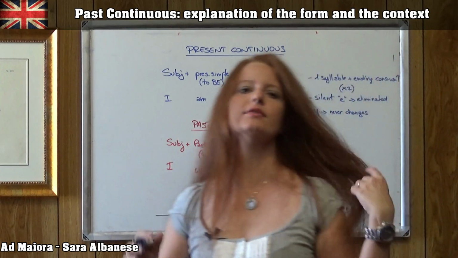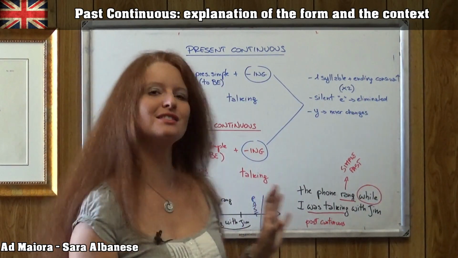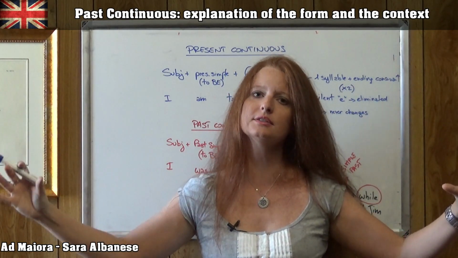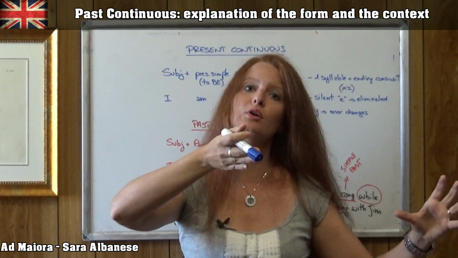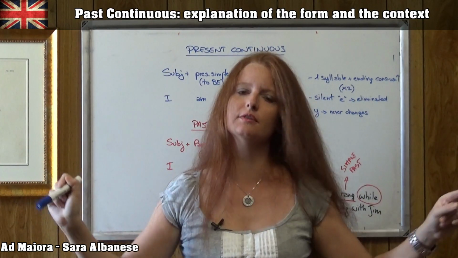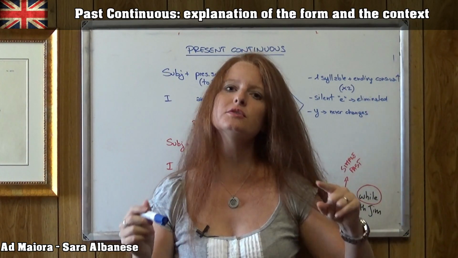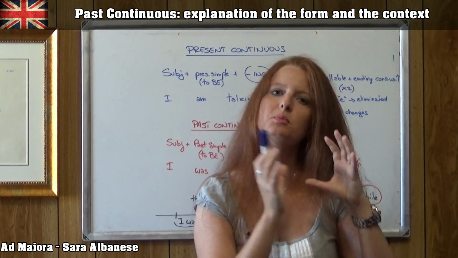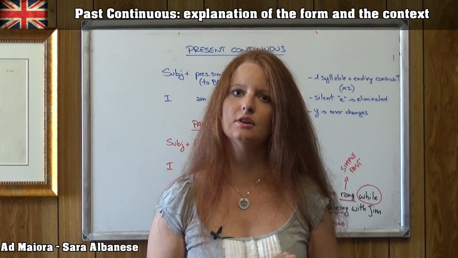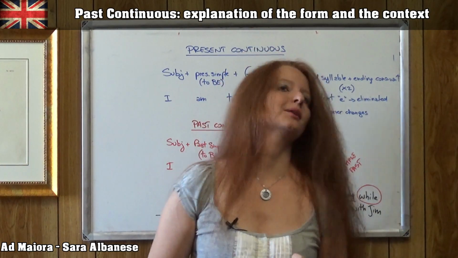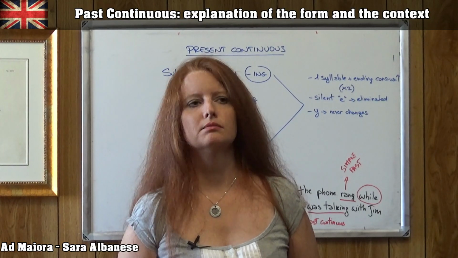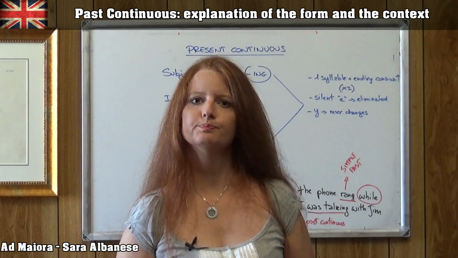So normally we have this combination: the past continuous for an action happening over a period of time in the past, and then a past simple for an action happening during that period of time. And most of the time we have the while just before the past continuous. Other examples we can make. I was sleeping when my sister came back home.